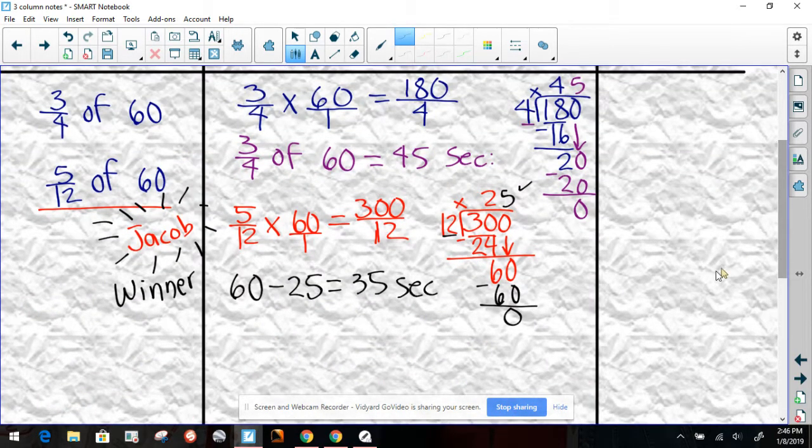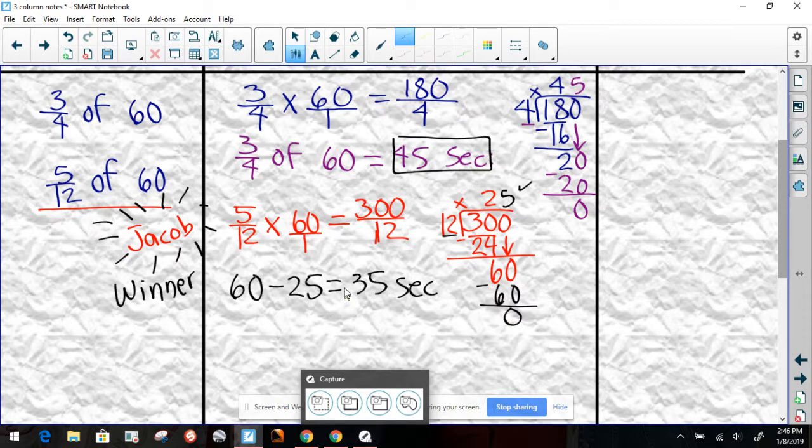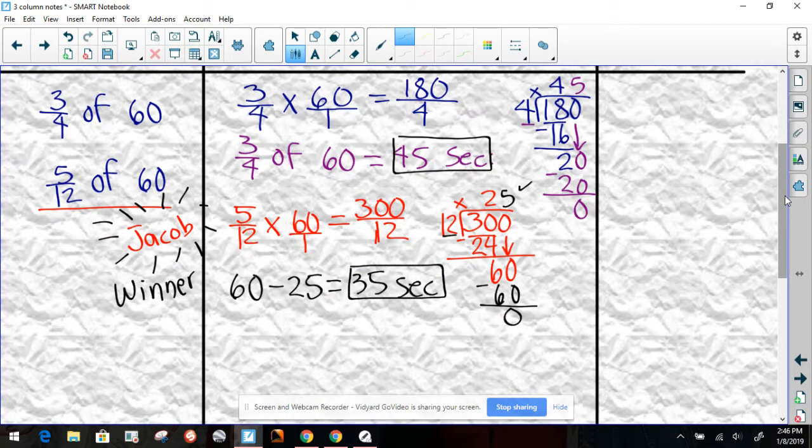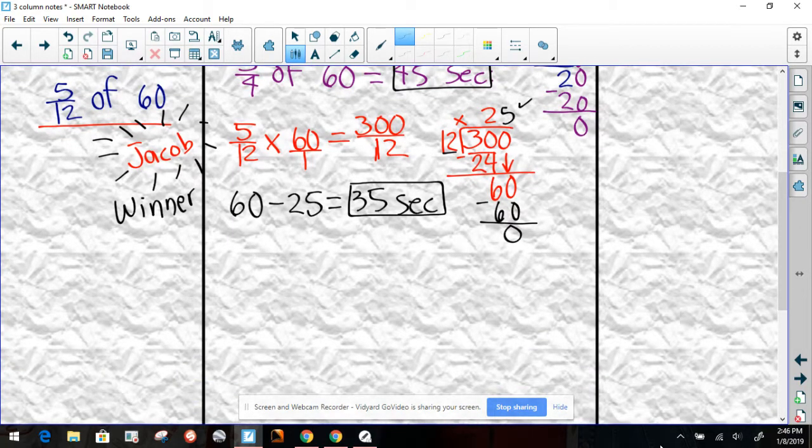The difference between those. So Daniel's time was 45 seconds, and Jacob's time was 35 seconds, which clearly makes him a winner. So the difference between 45 and 35 is 10. So the difference is 10 seconds.